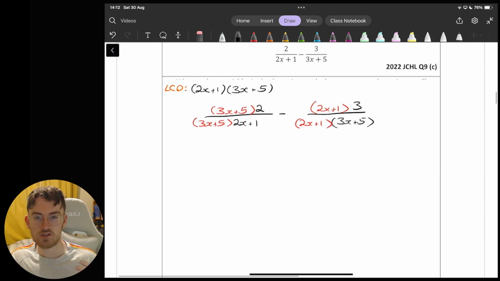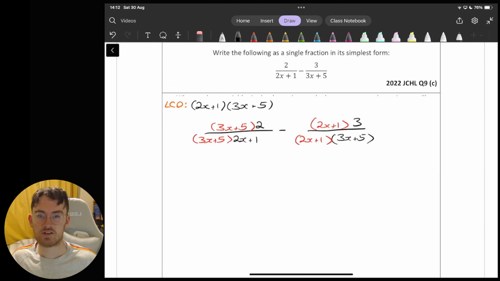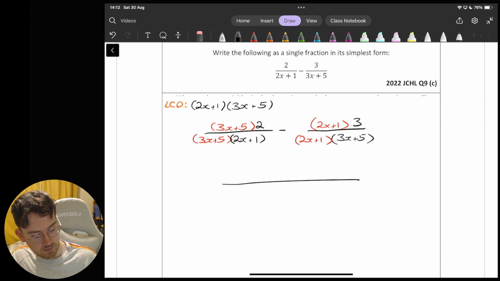Okay, so I've wanted that common denominator that we identified at the start there, and I have indicated how I'm going to do that by multiplying both top and bottom by each of the missing terms. My next step is to combine these into one fraction with that common denominator.